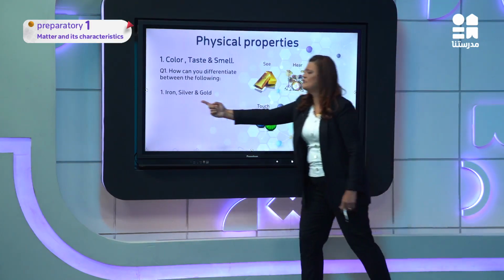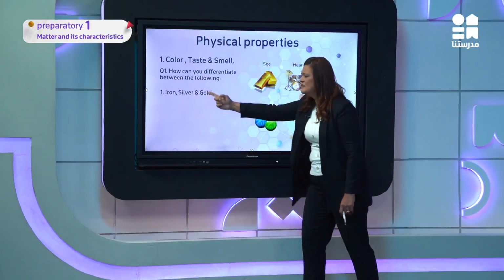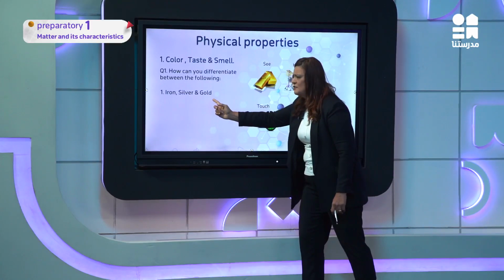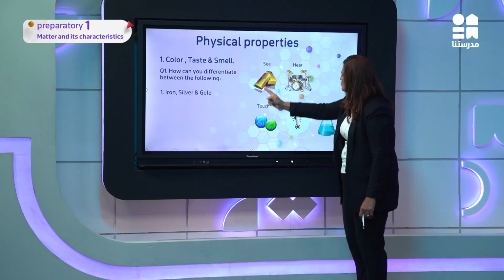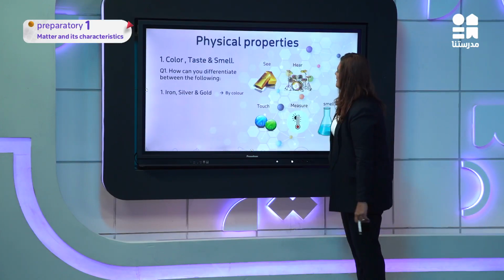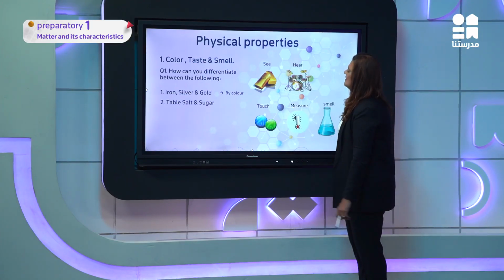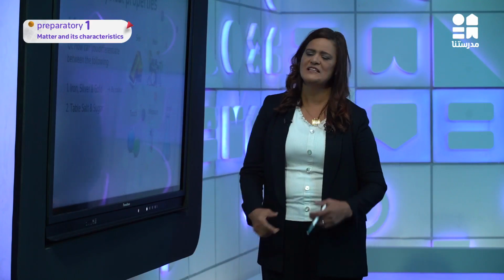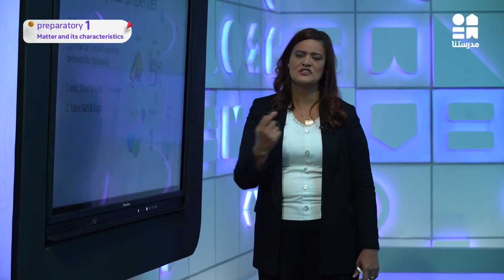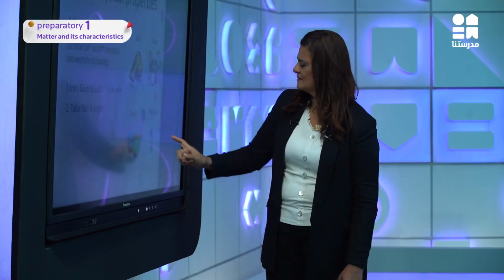We have black color here for iron. We have silver color for silver, or a grayish one. We have yellow color for gold. So, as shown here, by seeing the color. How can you differentiate between table salt and sugar? They have the same color, but we can differentiate by tasting it, okay?